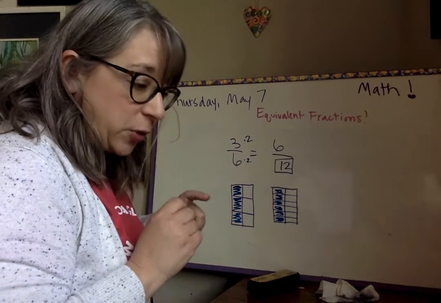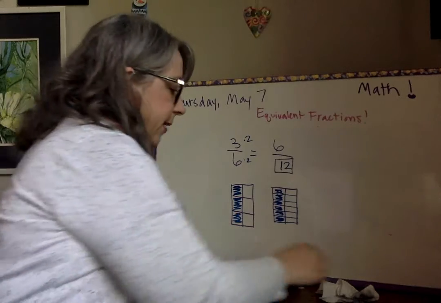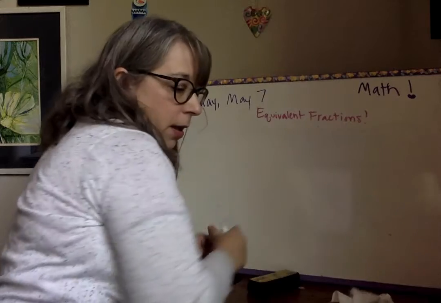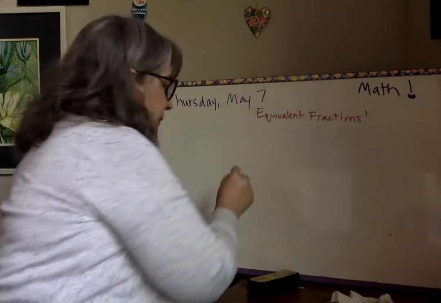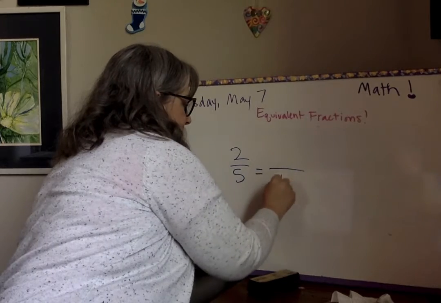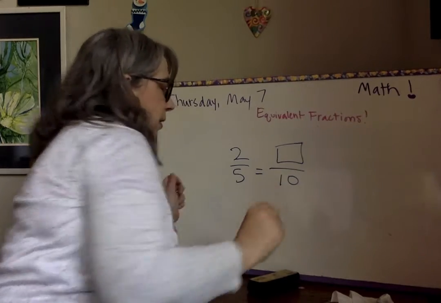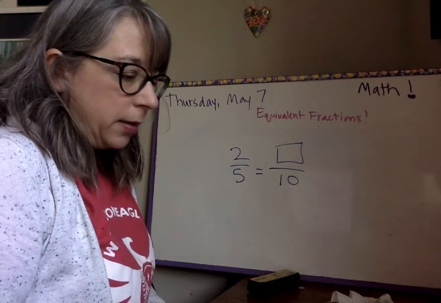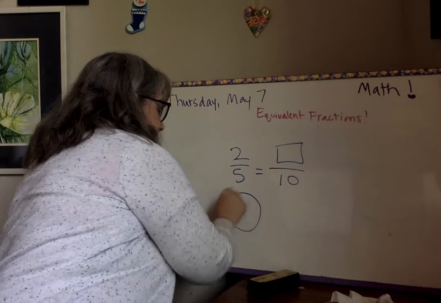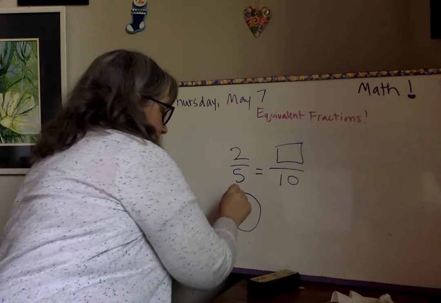So let's try another one. Let's do 2/5 is equivalent to, we don't know the numerator, something over 10. I'm going to try to make this as even as possible.